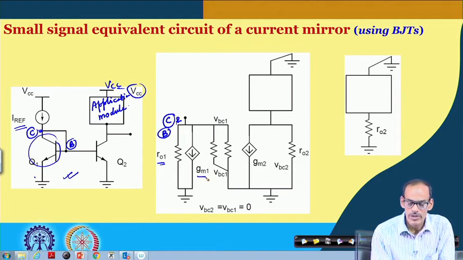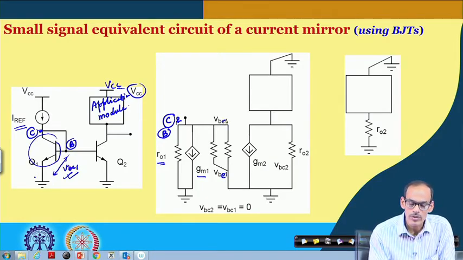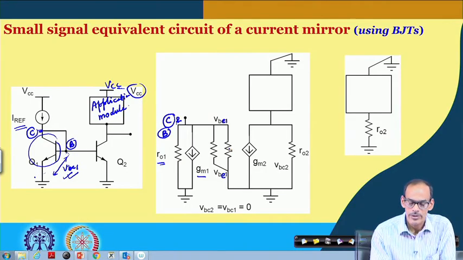And then we have gm into VBE1, and what is the VBE1? This is the voltage, this should be VBE1. Okay. And we have, of course, R pi, unlike the MOSFET.